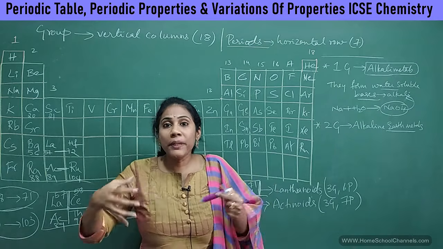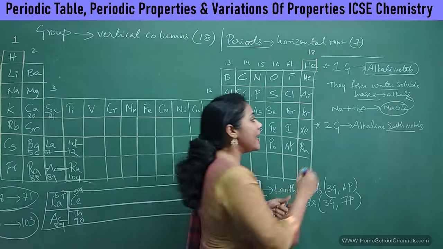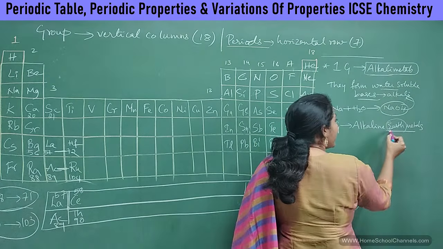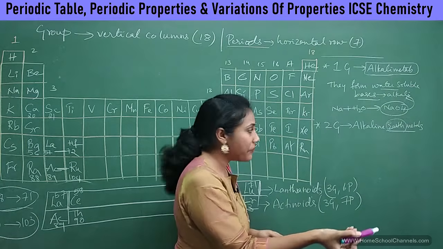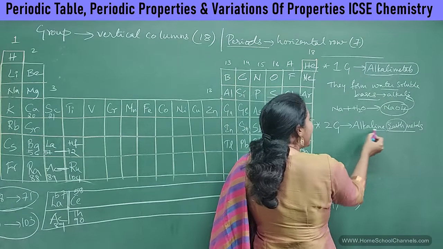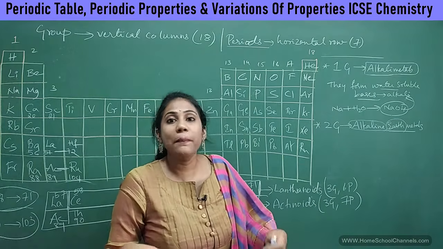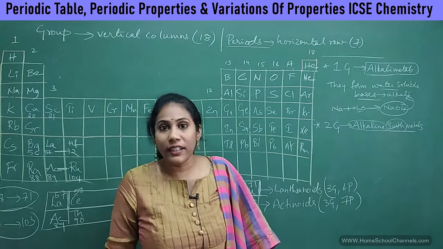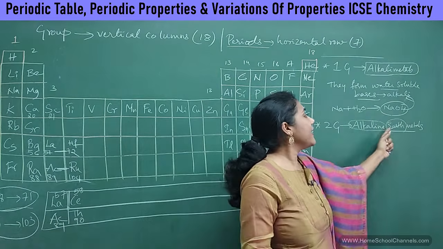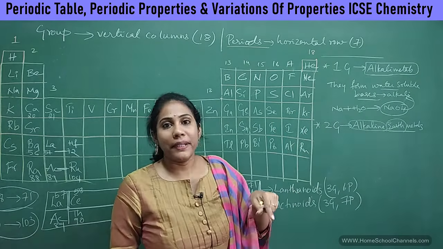So here two meanings are combined. One is they are present in earth crust in the form of oxides mainly, and also they can give alkalis, weak alkalis, that is weak bases on dissolving in water. So that's why they are called with the name alkaline earth metals.